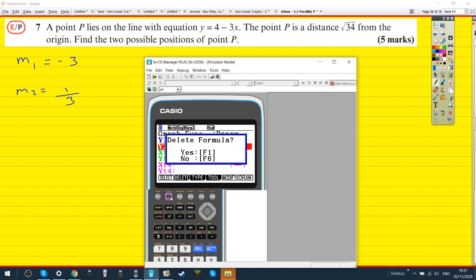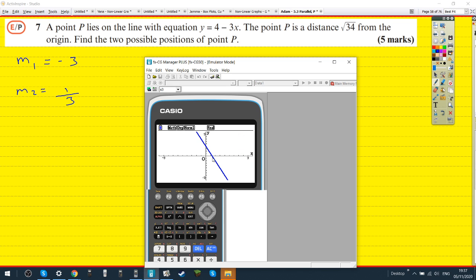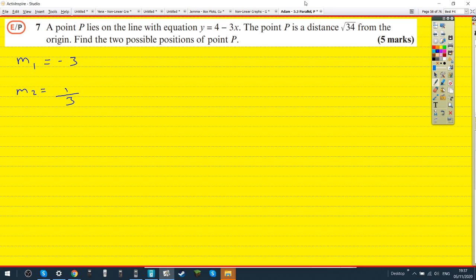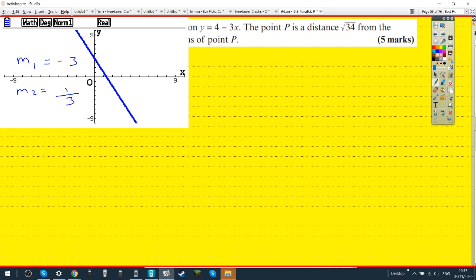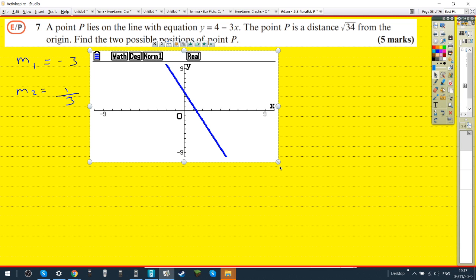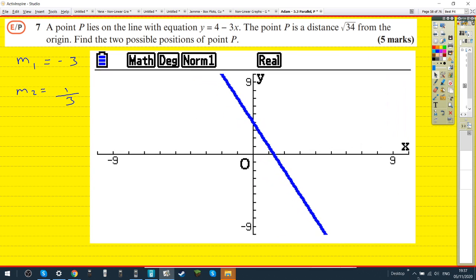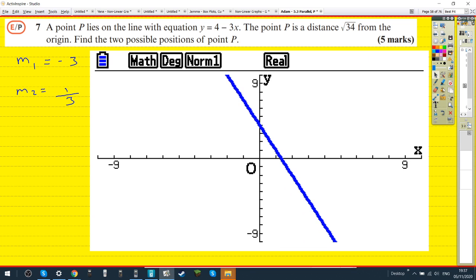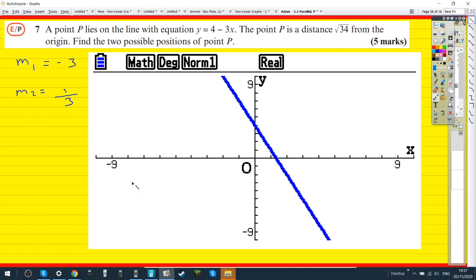This is what it looks like. We need the distance from that line to the origin. Sorry, the distance is root 34. We need two positions of P that lie on the line with this equation from the origin.